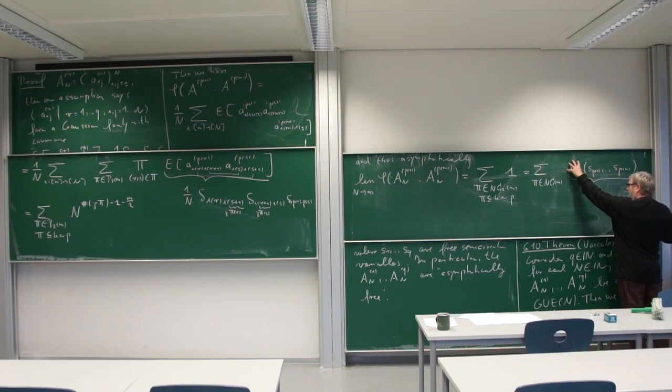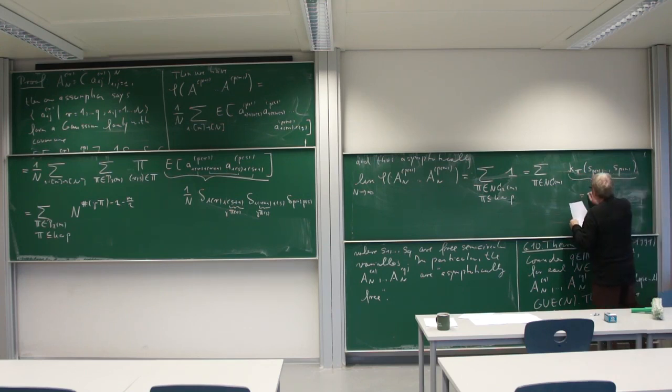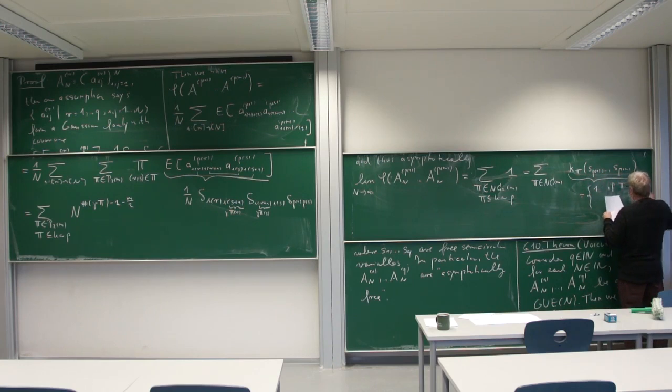So this means that this kappa pi is different from 0 only if the blocks of pi are all pairs, so that I only have second cumulants. This means I have here a 1 only if pi is a pairing. But of course, furthermore, this pairing should only connect the same S's, because they are free. Mixed cumulants vanish. So this means I shouldn't have a pairing which connects an S1 with an S2. I only should connect the same variables here, which means pi must be less than the kernel of p.